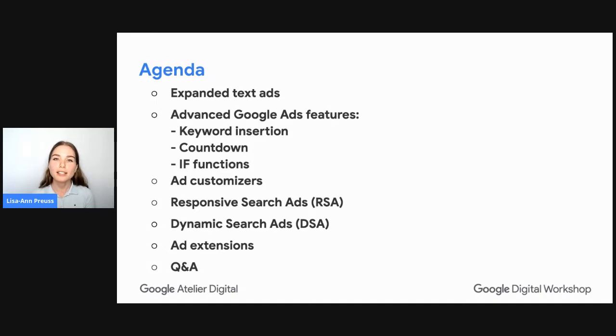Then we'll look at ad customizers, followed by responsive search ads or RSAs. Then we'll look at dynamic search ads or DSAs. And then I'll take you through all of the different kinds of ad extensions that there are. After that, you're more than welcome to get all your questions answered throughout our Q&A session.